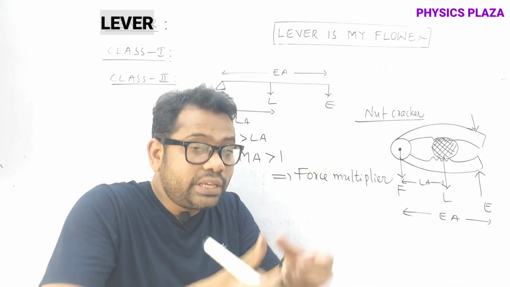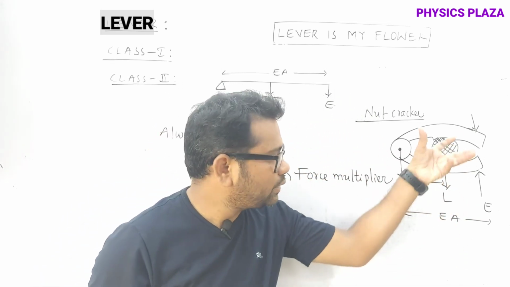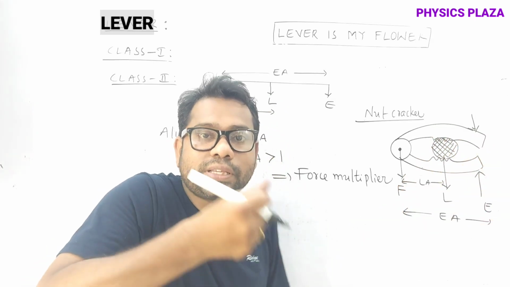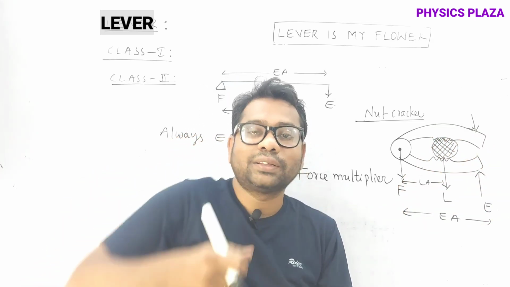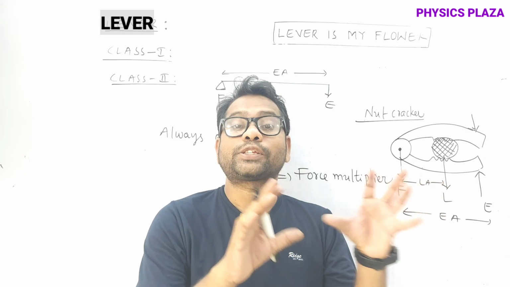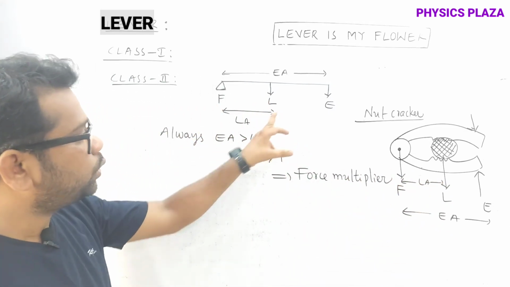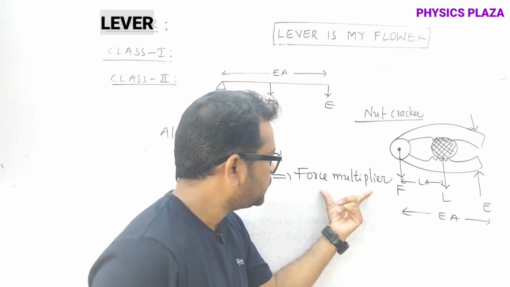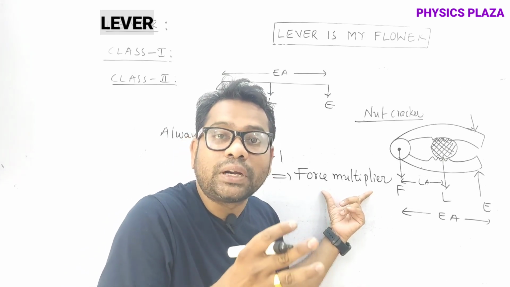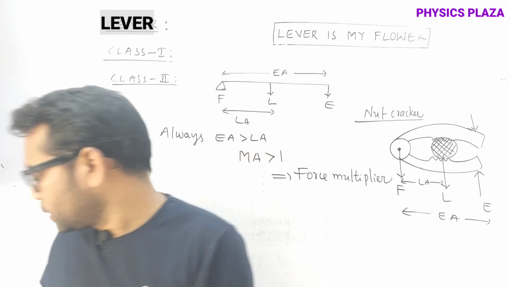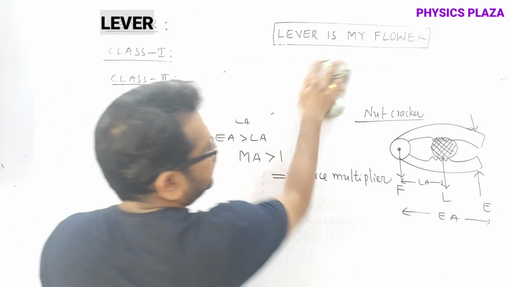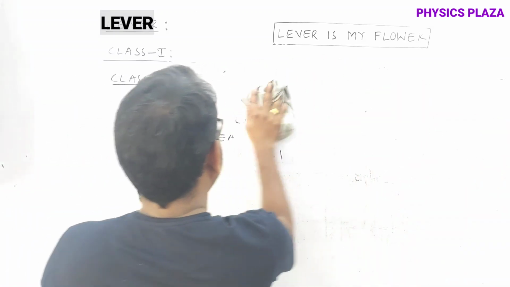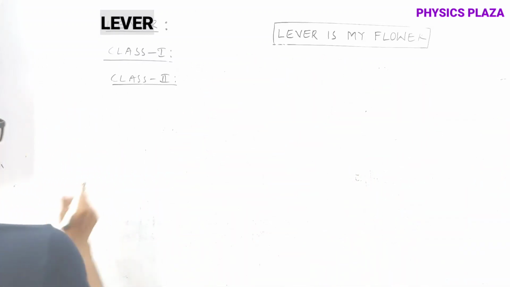That is the reason why we can break that nut easily. Even a lemon squeezer, even a bottle opener, all come under what? Class 2 levers. So for class 2 levers, the load will be in the middle, children, and the mechanical advantage is greater than 1. They always act like force multipliers. Clear? Fine. Now we see class 3 levers.